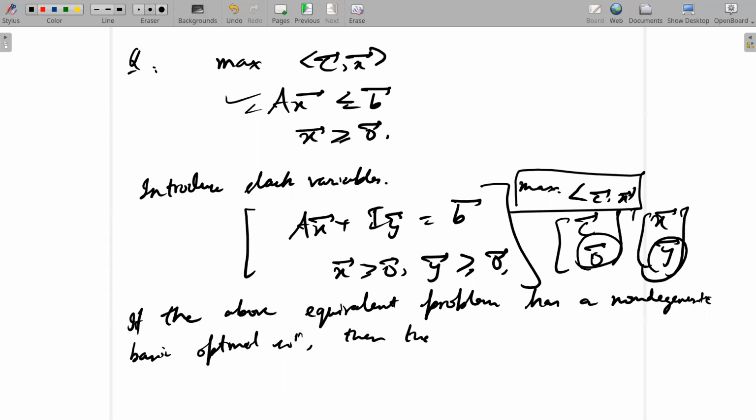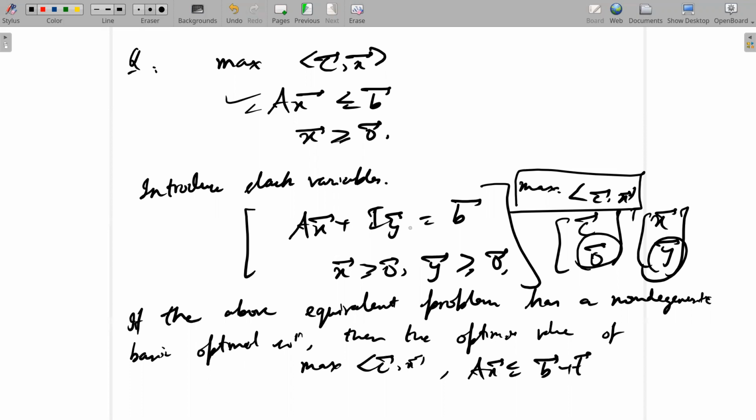Then the optimal value of the perturbed problem, max C dot X with AX less than or equal to B plus T, corresponding to adding B plus T on the right-hand side, will still be of that form. So this is this much larger.